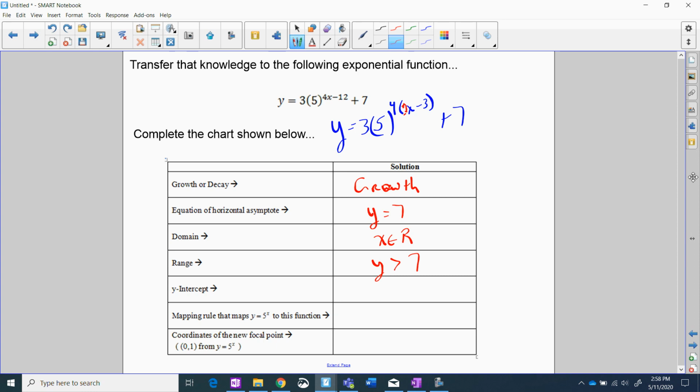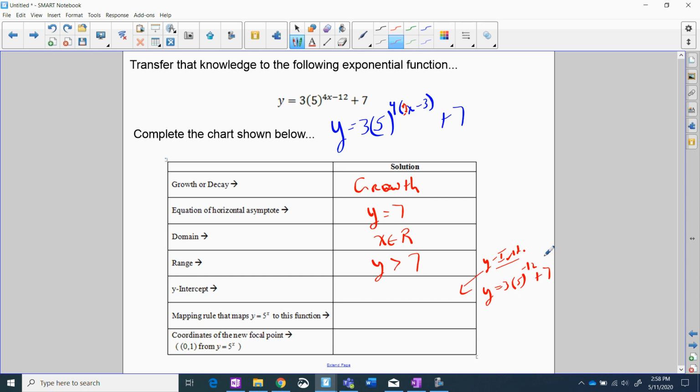The y-intercept in this one is going to be a little bit uglier because I'd have to let x be 0. The y-intercept would be 3 onto 5. Now, if x was 0, it's going to be 5 to the negative 12 plus 7. I'm only going to give you a scientific notation because 5 to the negative 12 is 1 over 5 to the positive 12, and that is a really small number.